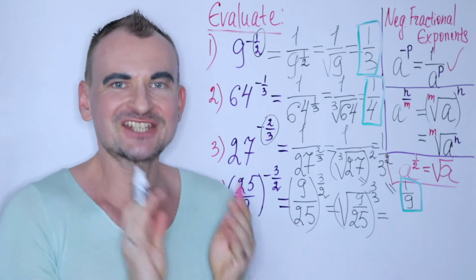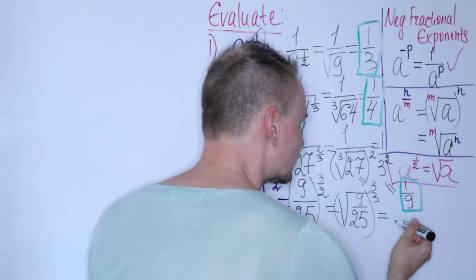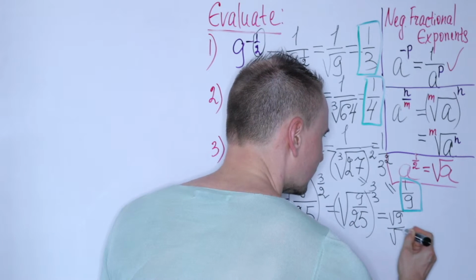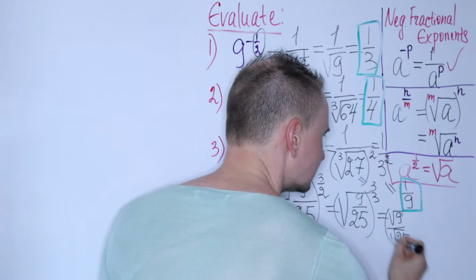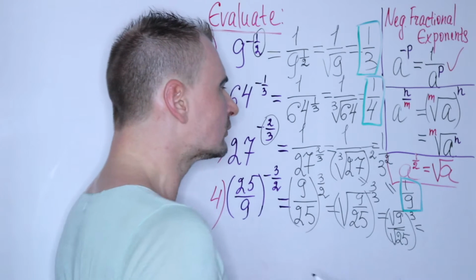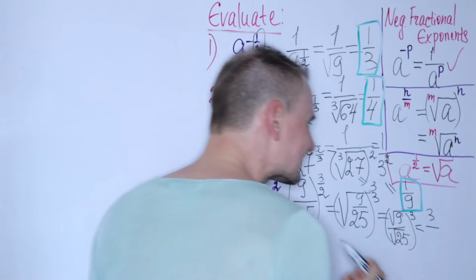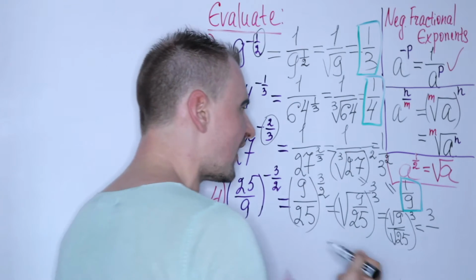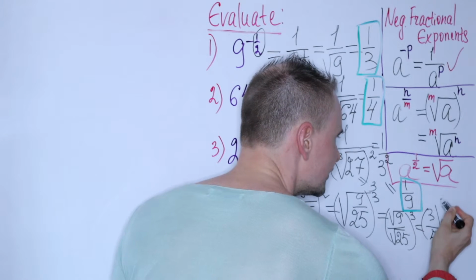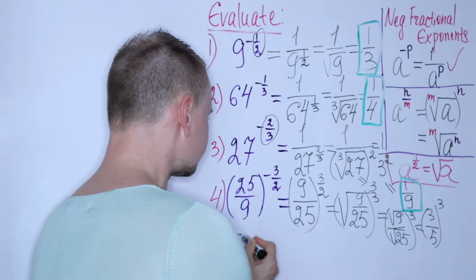So you could take a square root separately from top and bottom, and it simplifies to just square root of 9 over square root of 25. I'm going to spell it out at this point, raised to the third power. And since square root of 9 is just 3, and square root of 25 reduces to 5, all you need to do is just take this fraction and raise it to the third power.